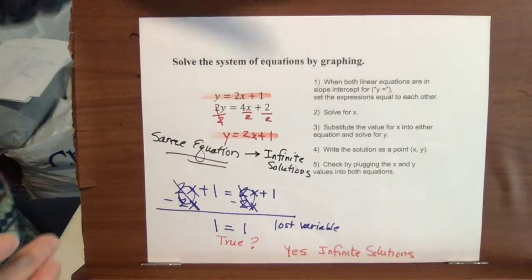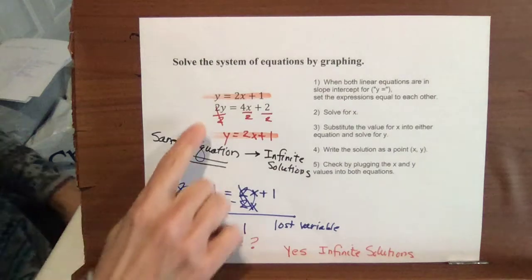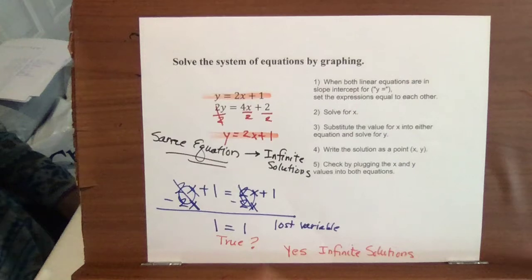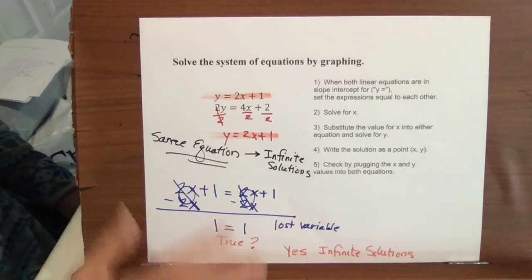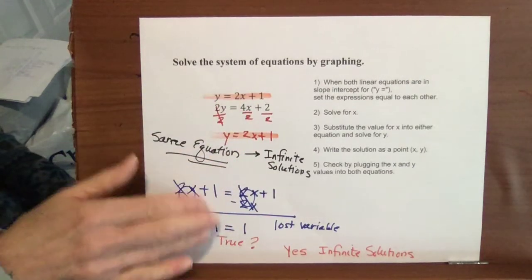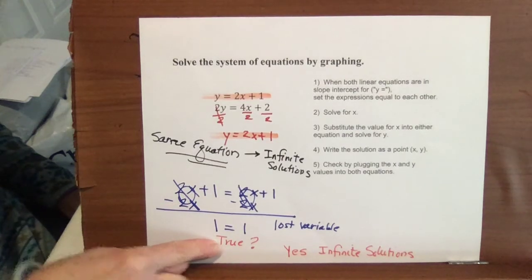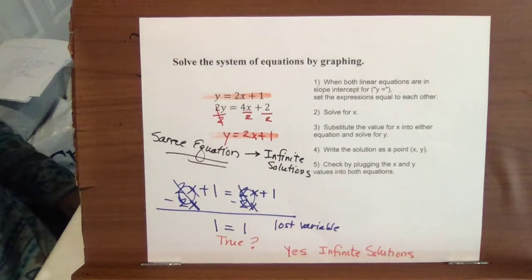So it's going to depend on you and how you memorize and study for this. If you wind up with the same equations, you already know infinite solutions, no work to be done. If you forget and you just go through the motions of solving, when you get here, you have to ask, is this true? And if it's yes, it's infinite solutions.